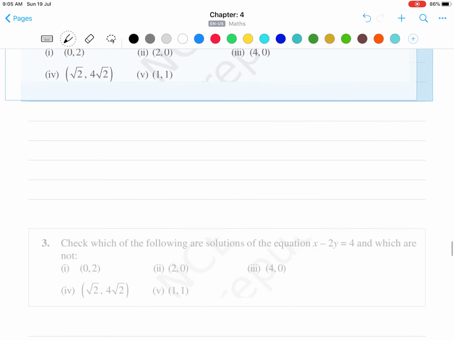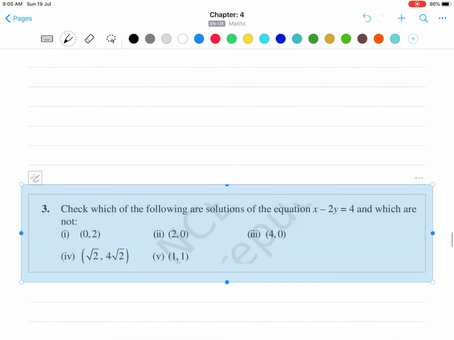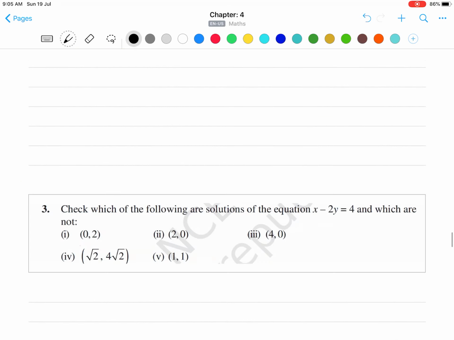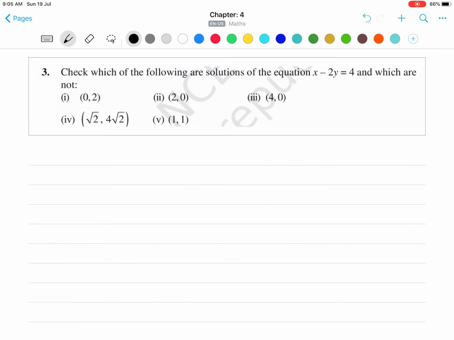Moving ahead to the next example, question number 3. It says check which of the following are solutions of the equation x minus 2y equals 4, and which are not. We are given five different solutions and we have to put these values in the given equation to check whether they satisfy the equation. Okay, so let's start.